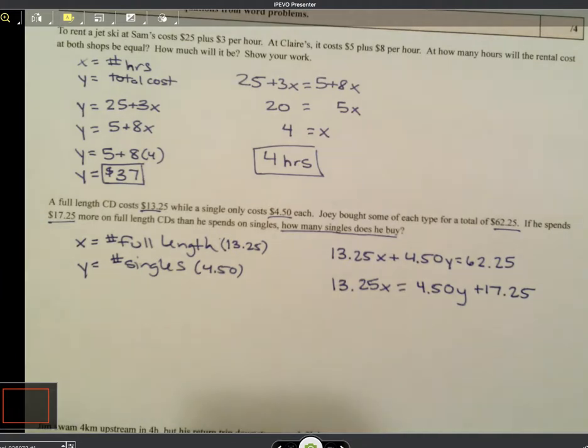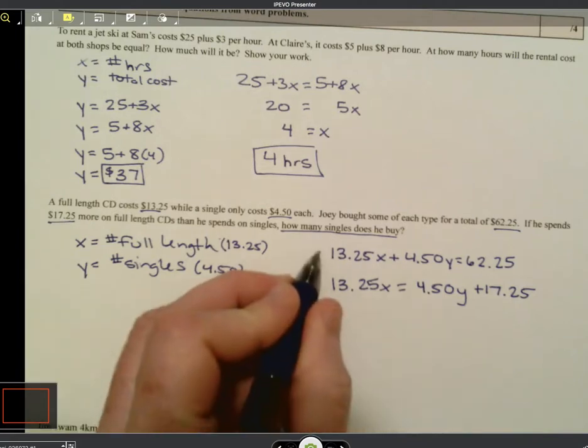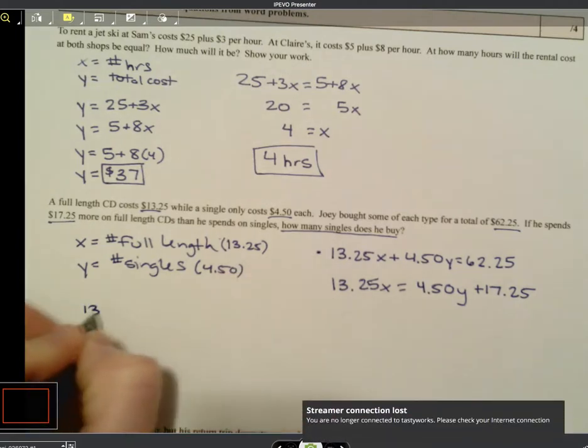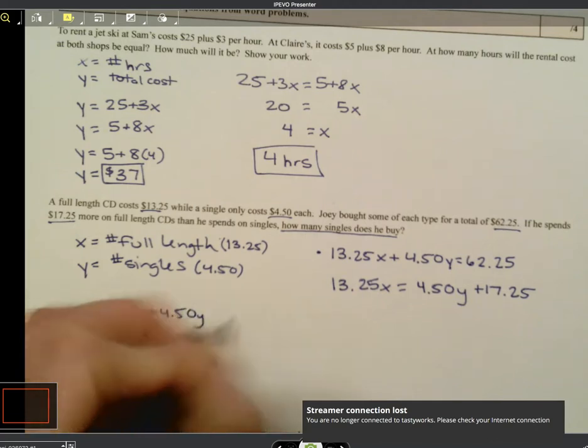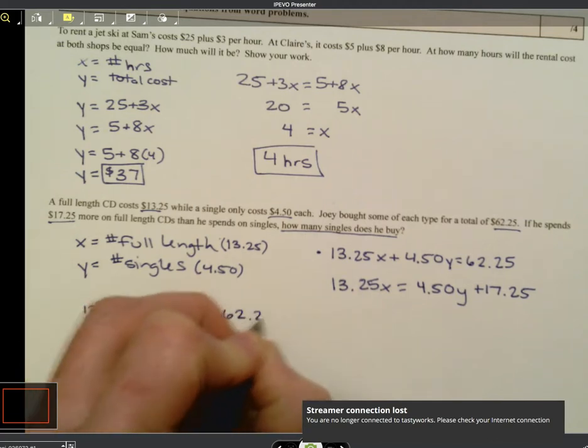Now I can go ahead and manipulate these so that I can solve the system. If I move this 450 over to the left side, it'll be negative, and then I'm going to be able to solve the system fairly easily. So this equation here, I have 1325x plus 450y is equal to 6225.